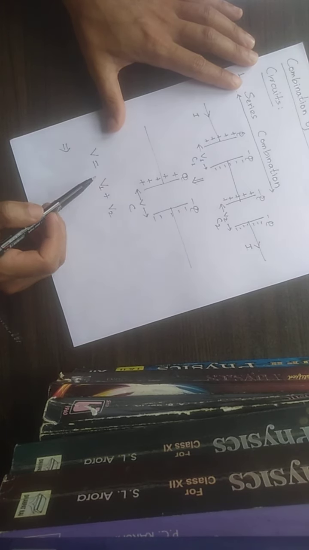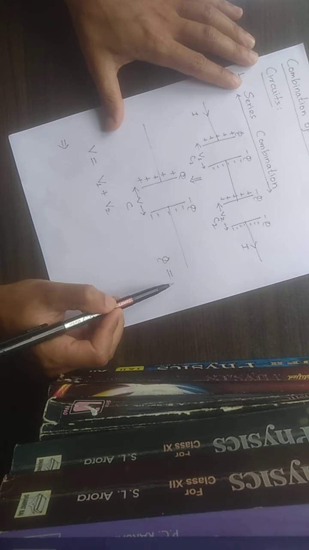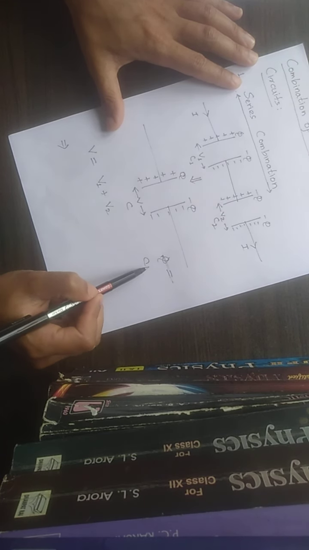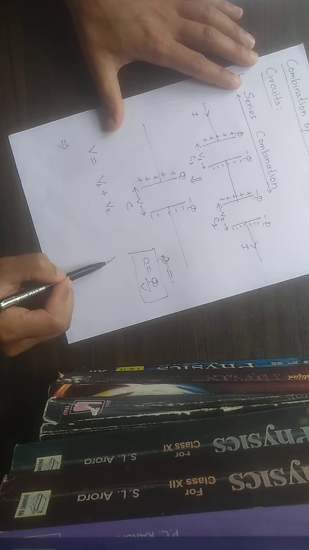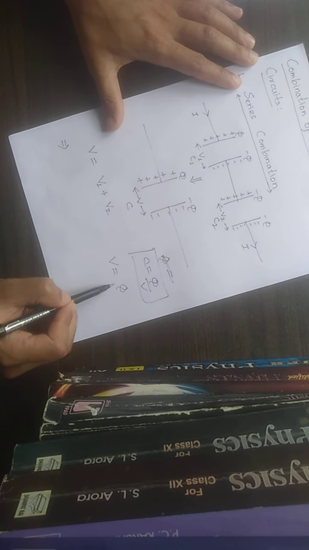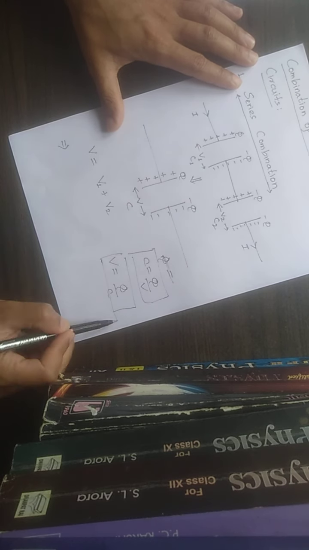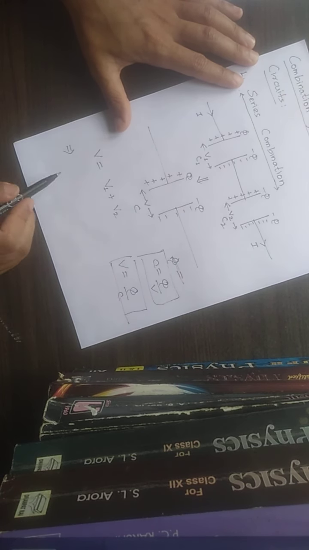So V is equal to, we know C is equal to Q by V, so V will be equal to Q by C from our formula of capacitance.